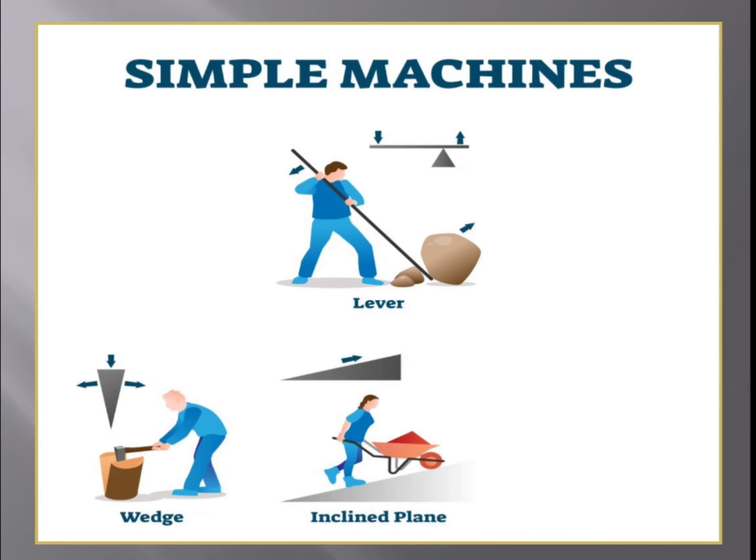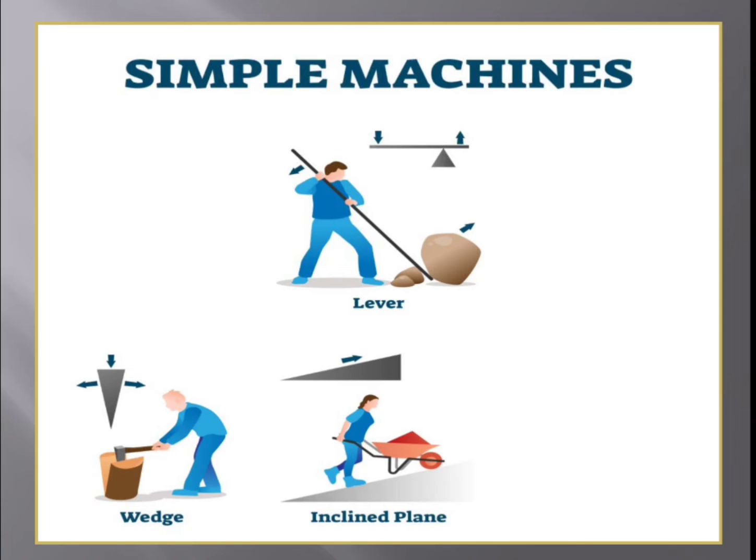Children, the load is nothing but the heavy object, whatever heavy object you want to move. That part is called the load or load arm, where you place the heavy object. The other end is your effort, that means the force you apply to lift that heavy object, and it is called the force arm.